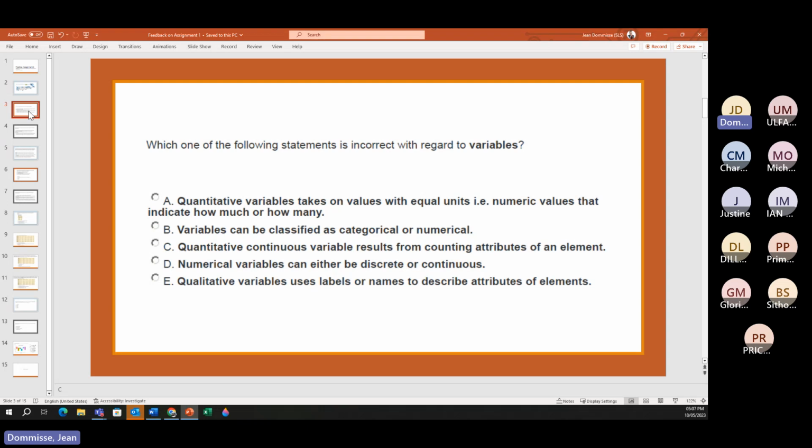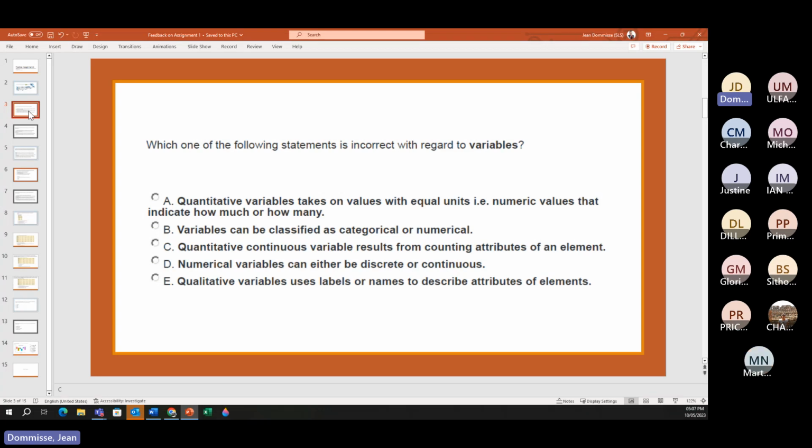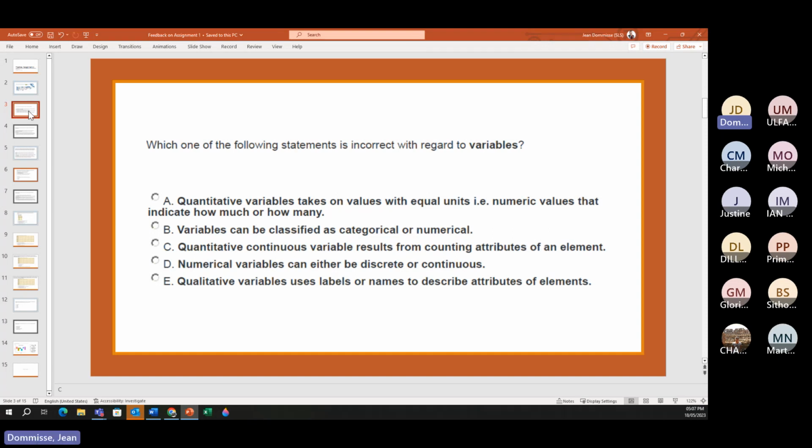So there's a few things that they can ask you around the variables, and normally they will ask you one or two questions around that. It might be a bit more in your assignment, but when we get to your exam at the end of the year, it will also be basically 2 questions on study unit 1.